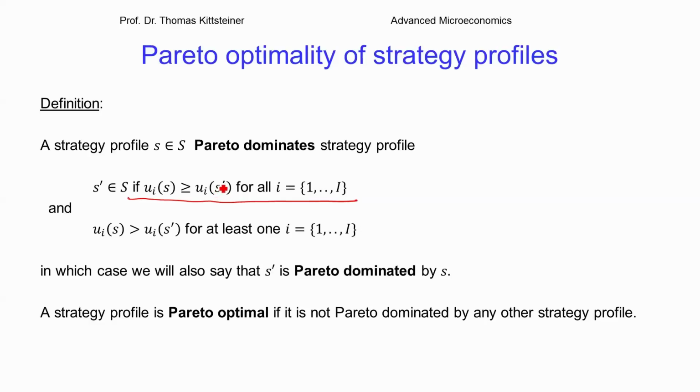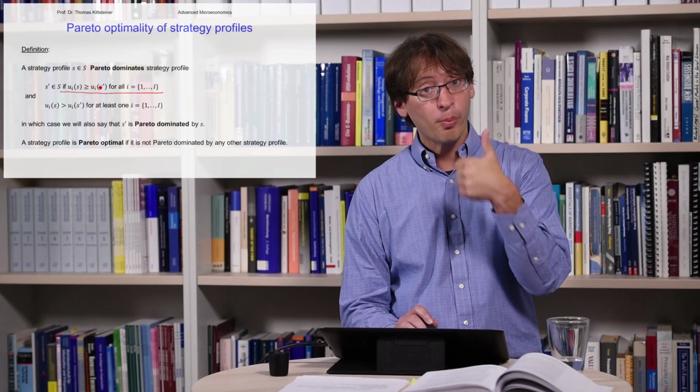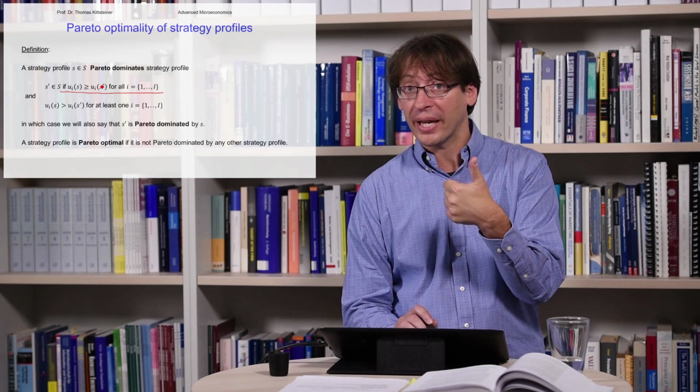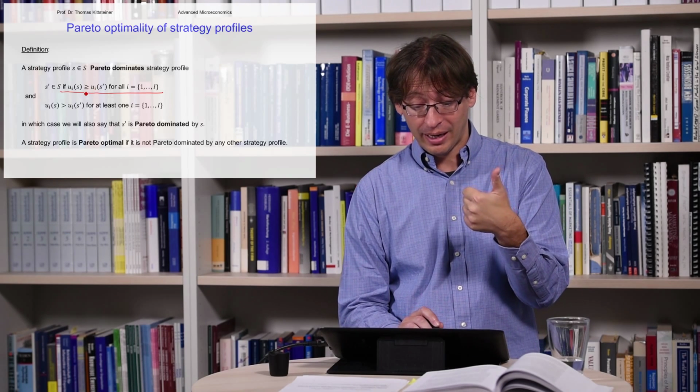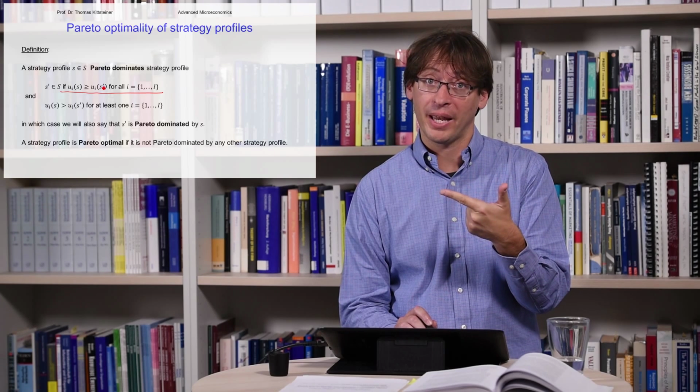So S Pareto dominates S prime if, first, all players, if S is played, are at least as well off as if S prime was played.